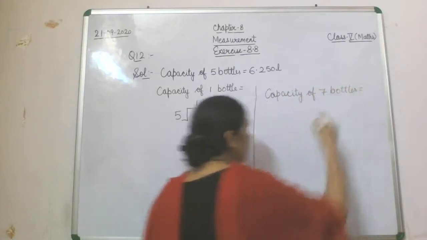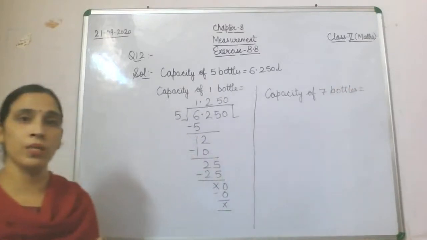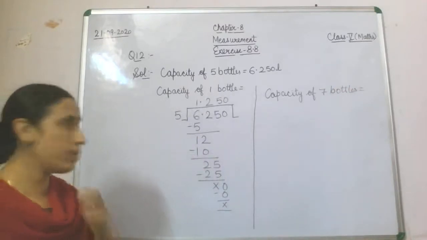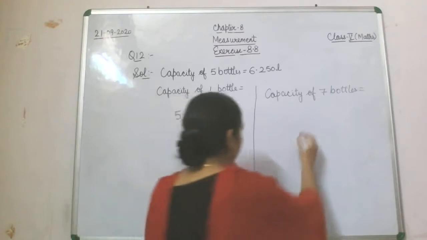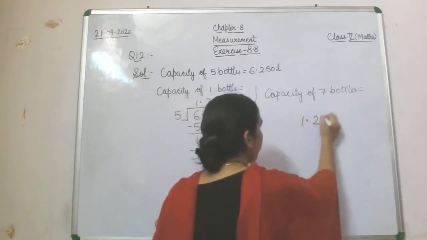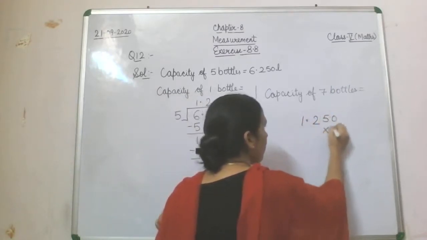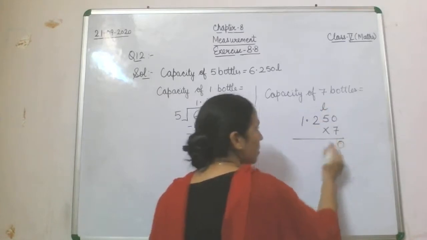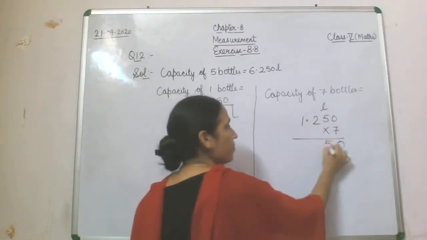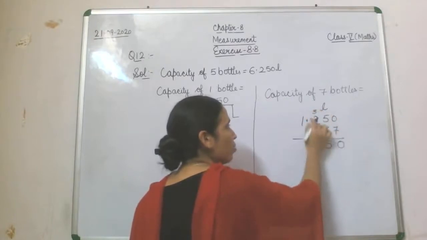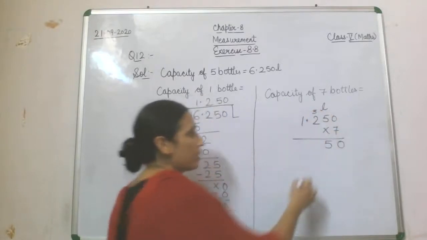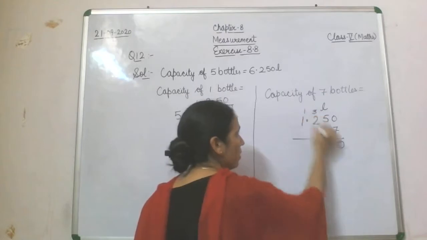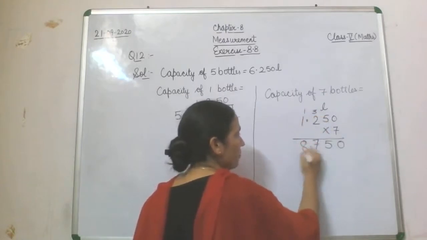Now the capacity of 1 bottle we have found. What is that capacity of 1 bottle? That is 1.250. That will be multiplied by 7. So 7 zeros are 0, 7 fives are 35, 3 carried, 7 twos are 14, 15, 16, 17, 7 and 1, 7 ones are 7, 8.